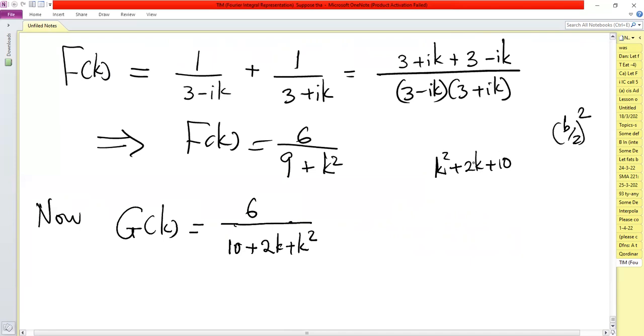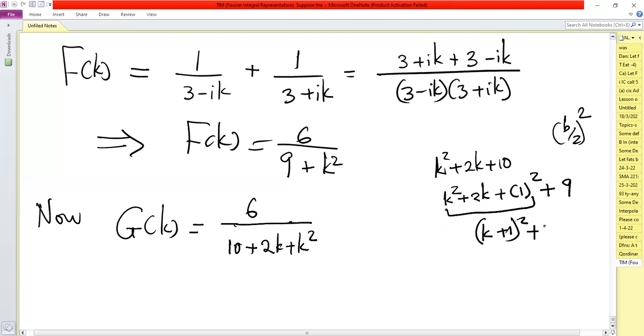So b is 2. 2 divided by 2 is 1. So we'll have k plus 1 squared. And so for me to have 10, I need to add 9 so that I don't lose the original meaning of the expression. And then from here to here is k plus 1 squared.